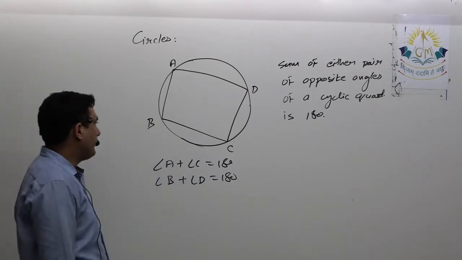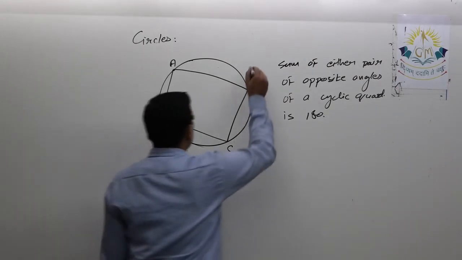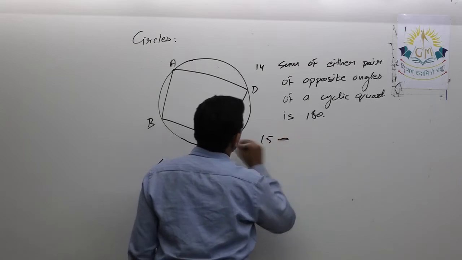Okay, opposite angles of cyclic quadrilateral are supplementary. So that was theorem number 14 or whatever sequence was.